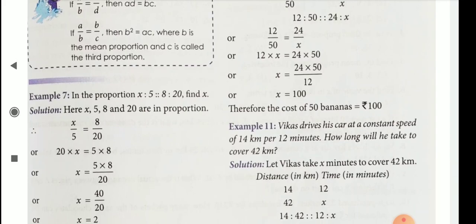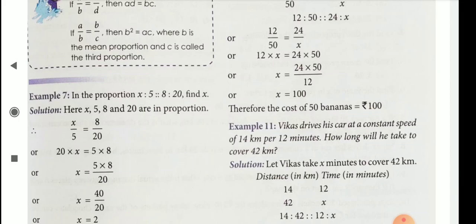Example 7. In the proportion x is to 5 as 8 is to 20, find x. Solution: remember those rules. Here x, 5, 8 and 20 are in proportion. So, children, x by 5 equals 8 by 20.